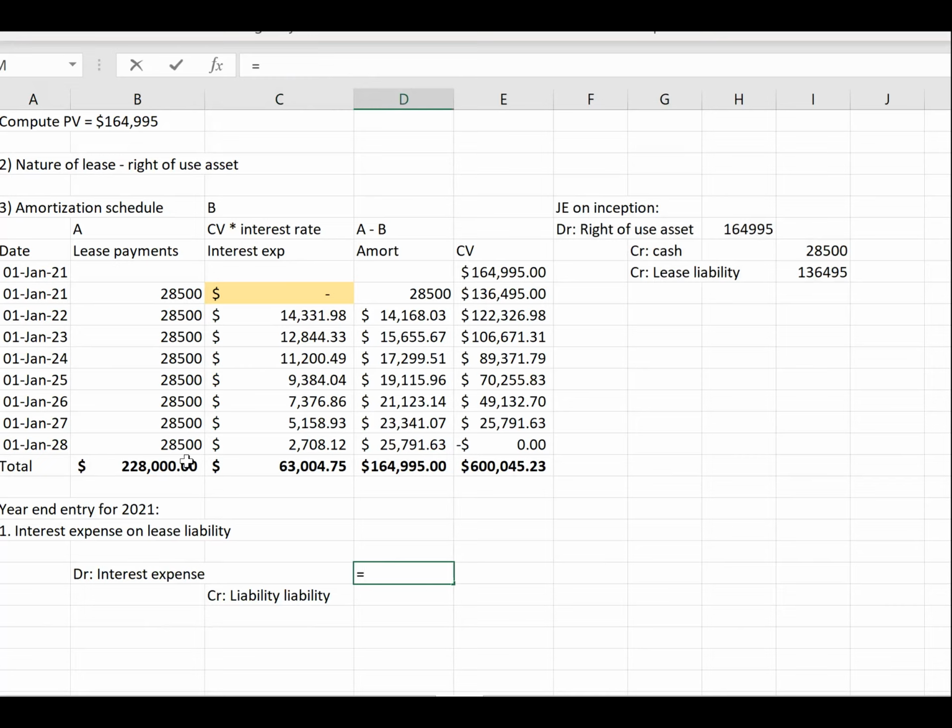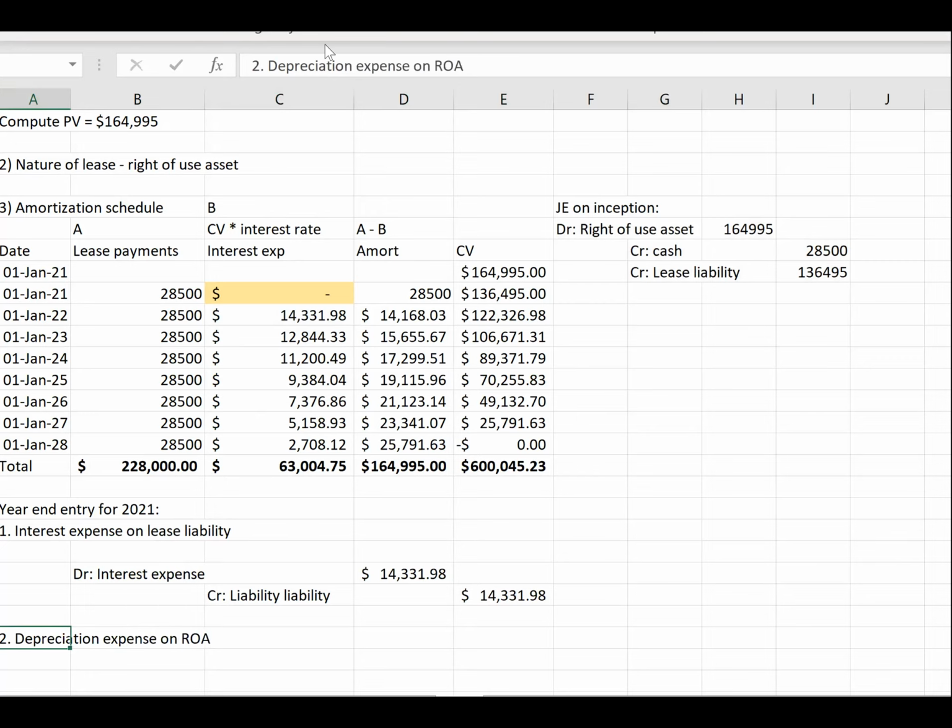So we're going to have debit interest expense. It's going to be this number. And credit lease liability, and it's going to be for the same number. Okay. Then we're going to have the depreciation expense on right of use asset.